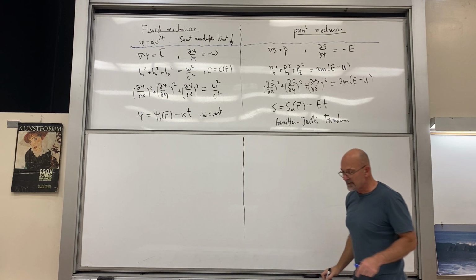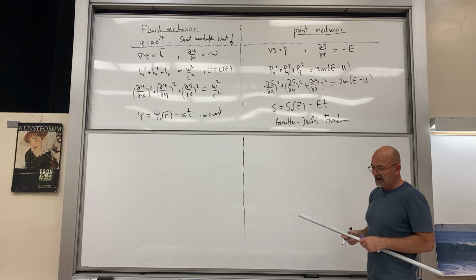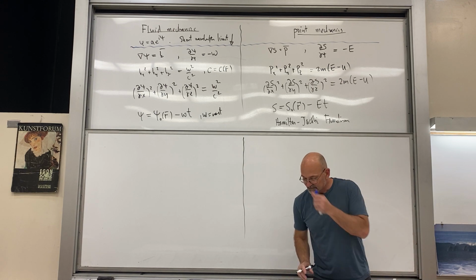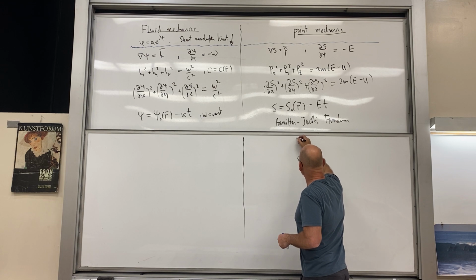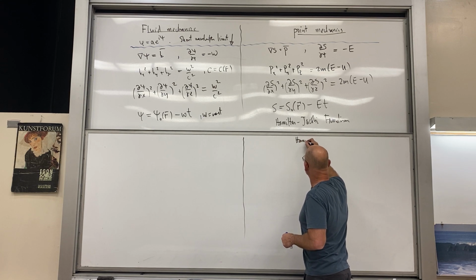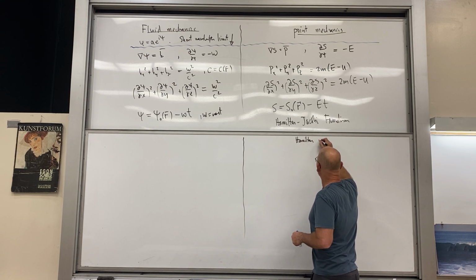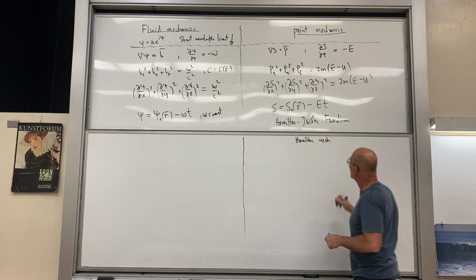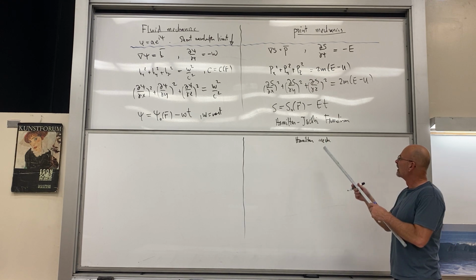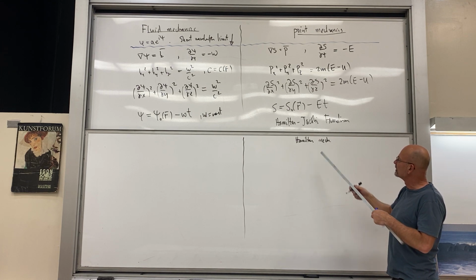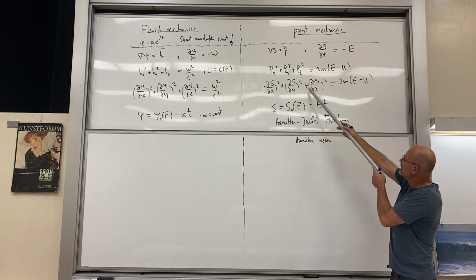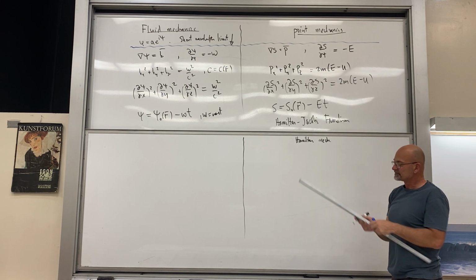Okay, so we're still talking about point mechanics here, and now we know that Hamiltonian mechanics is what leads up to this. Okay, so we have to know Hamiltonian mechanics to apply this formalism.